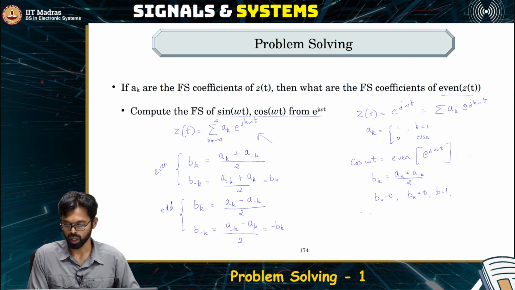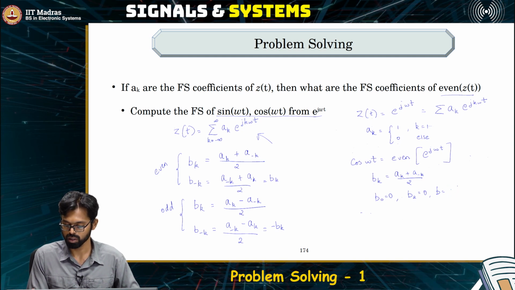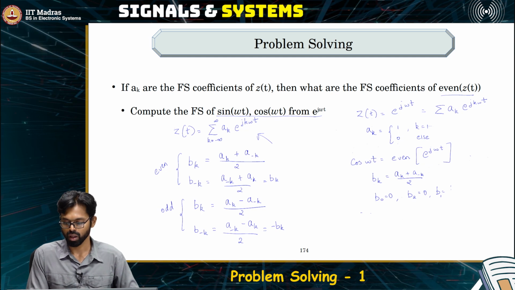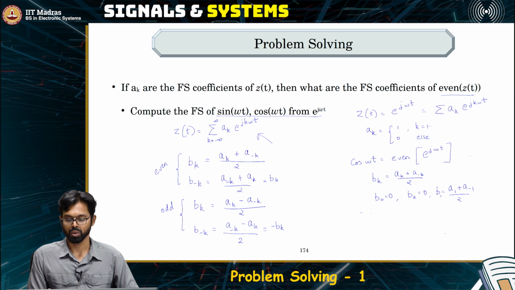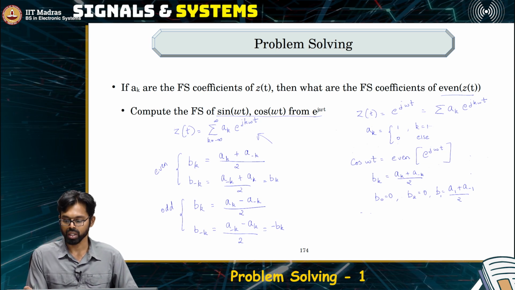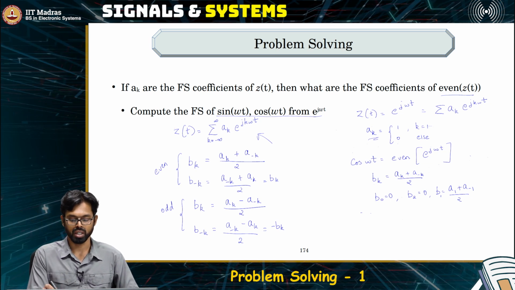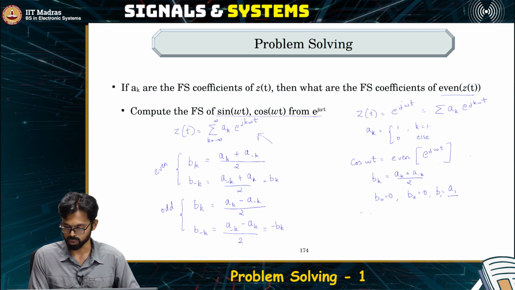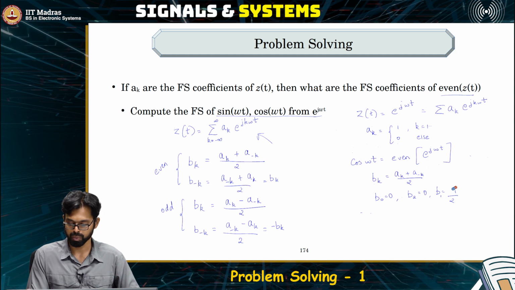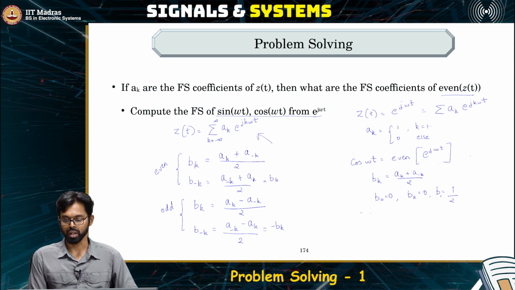So what happens when k is equal to 1? When k is equal to 1, we have (a1 plus a minus 1) by 2. Now we know that a minus 1 is 0 from this relationship. So the only thing that we have here is a1 by 2. And what is a1? a1 is 1. So b1 is 1 by 2.